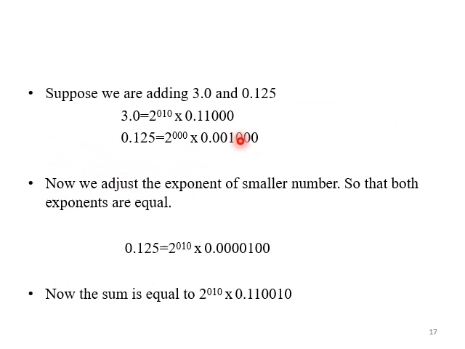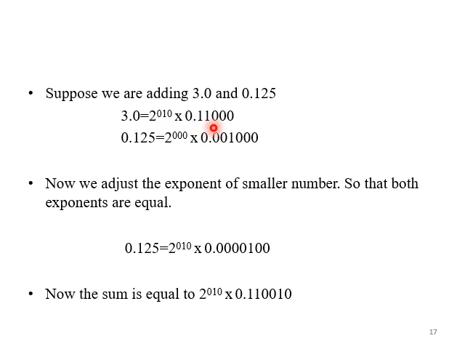Next, suppose we are adding 3.0 and 0.125. 3 can be represented as 011, and now I am going to represent it in mantissa and exponent form as 2 to the power 010 into 0.11000, because we are moving the decimal point towards 2 values.